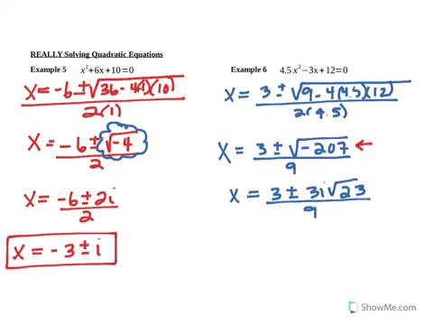And then we're going to divide everything by 3. We're going to get 1/3 plus or minus, because we're going to do this, oops, this is not a 1/3.